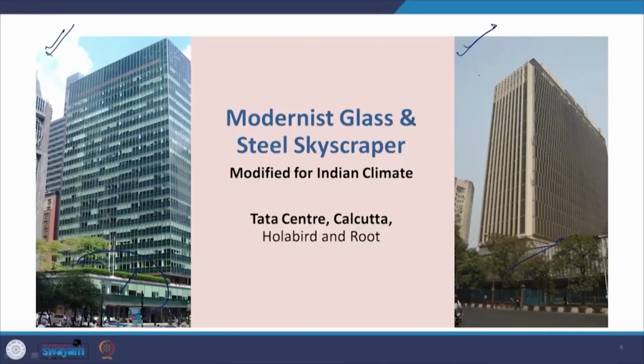So it has these vertical fins or louvers on this facade, so that direct sun does not impinge on the facade. So the modification happened in a modernist glass and steel skyscraper, to adapt it to Indian conditions. Also, this is not in steel but in RCC frame.